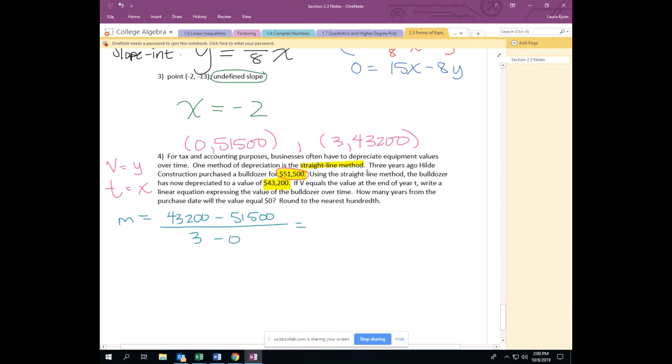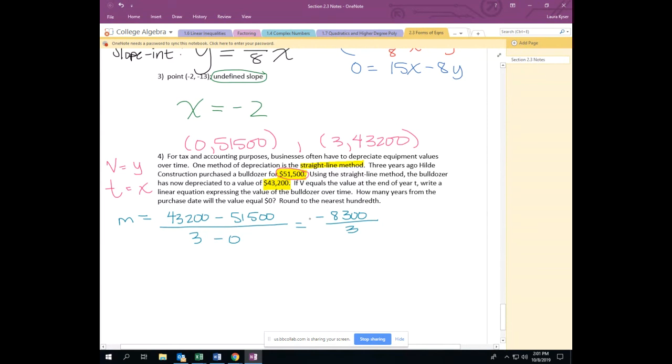And we subtract 43,200 minus 51,500, and we get negative 8,300 over 3 minus 0 is 3. That does not divide nice, so we leave it in this ugly looking fraction form.